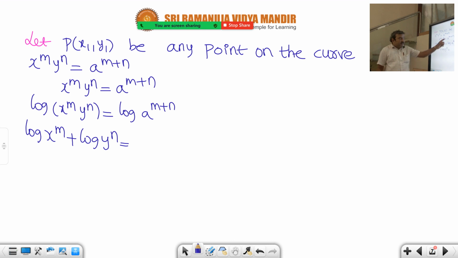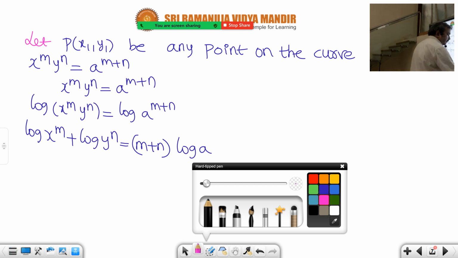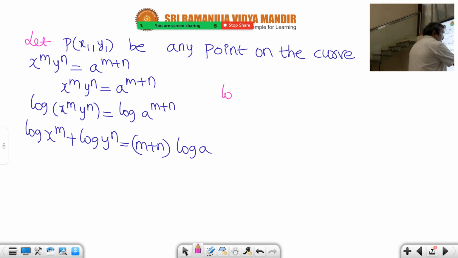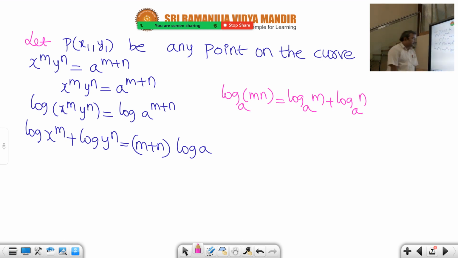Here this one will come front and it is m plus n into log a. I will write down the formula here with different color. See here, logarithm of mn to the base a is logarithm of m to the base a plus logarithm of n to the base a. Logarithm of mn, logarithm of m plus logarithm of n.